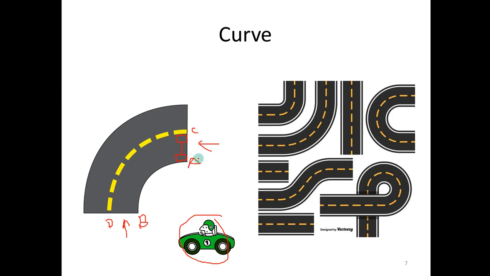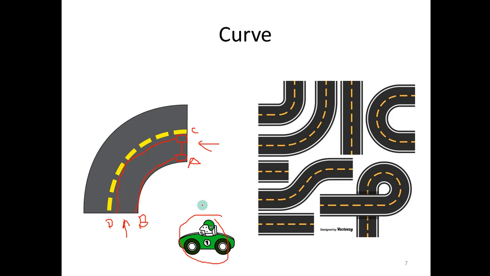Differential. So when this car starts to move from here, this wheel travels along this line and ends here, and this other outside wheel travels from here and ends up here.